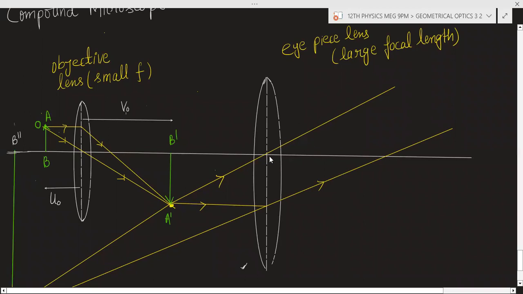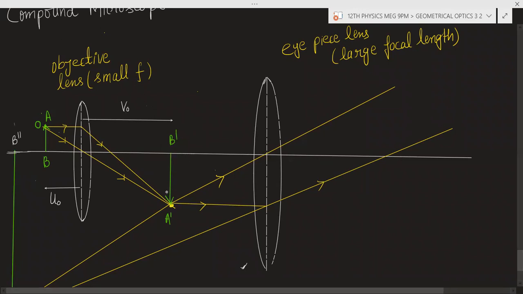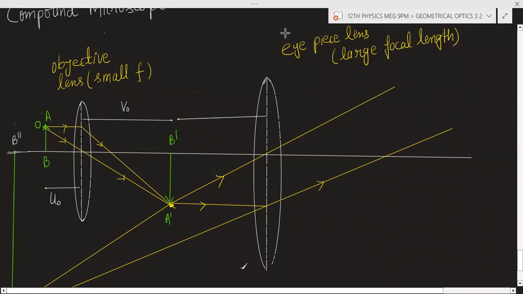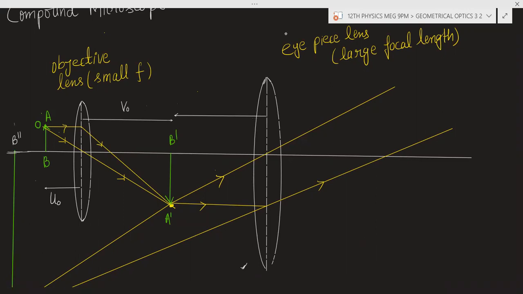Now for the eyepiece, what is the object distance? This distance is the object distance, because this image is working as an object. This distance will be the object distance for the eye lens.